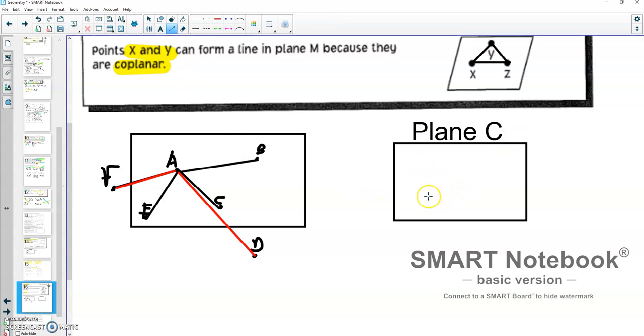So if it's in the plane, I'm just going to draw a line and label it A, B. So again, the question asked, line AB is inside plane C. It exists. It lives in this plane. And if you drew something like this, it would be correct. The line's inside, the points are inside.